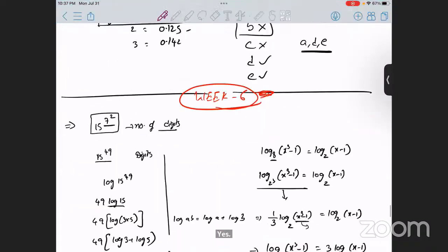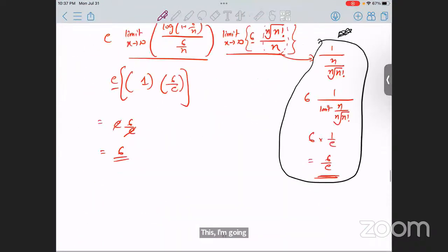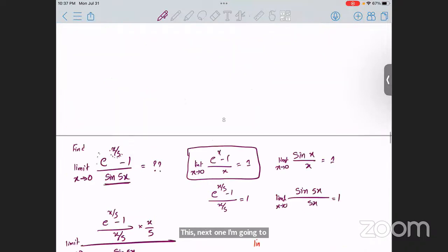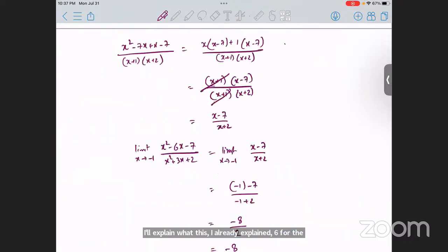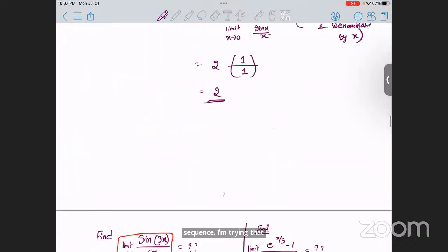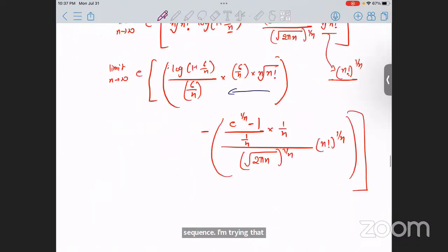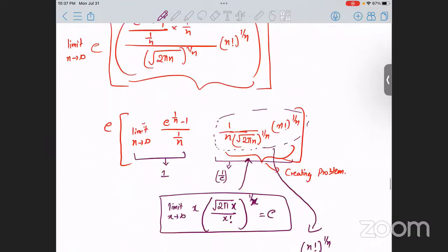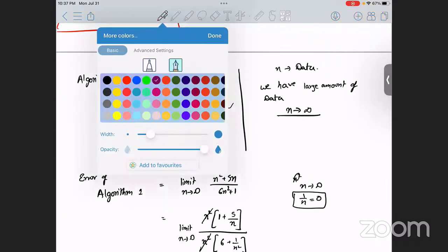I'm going to week 6, where I already explained what a sequence is. Are you able to see this?